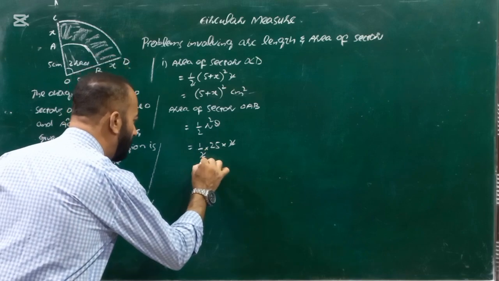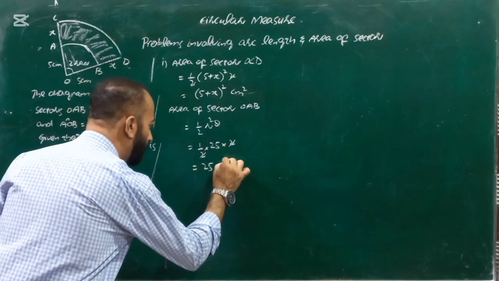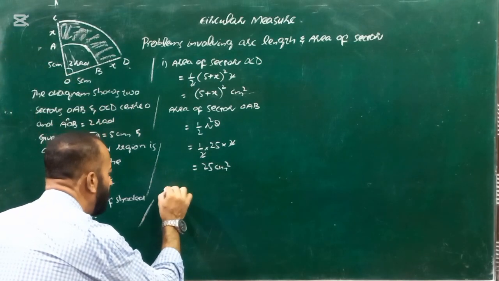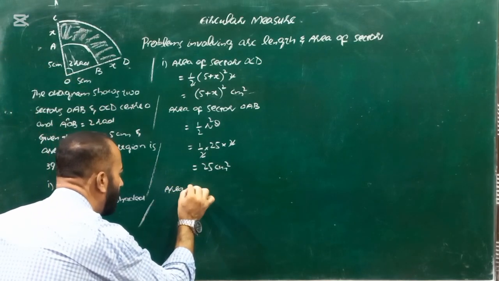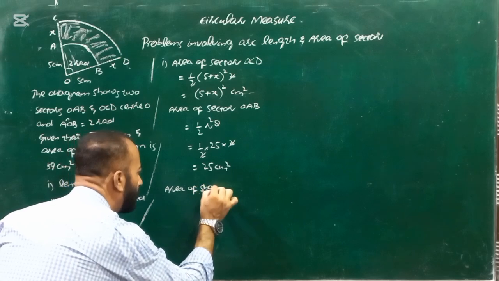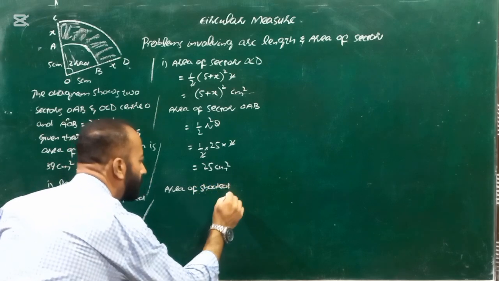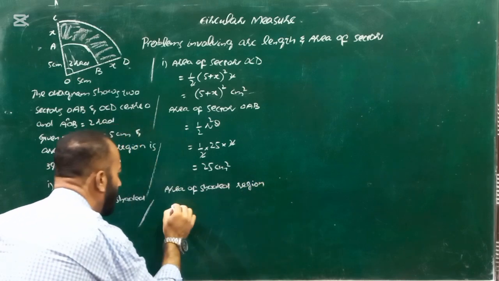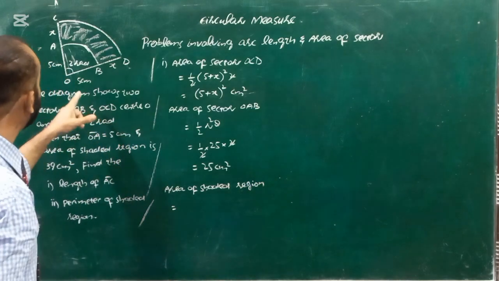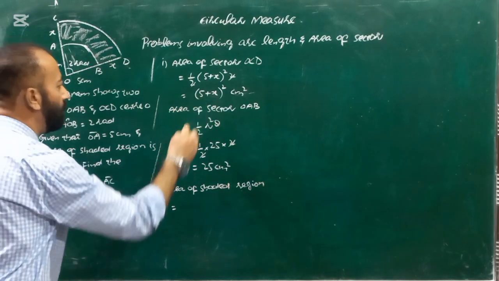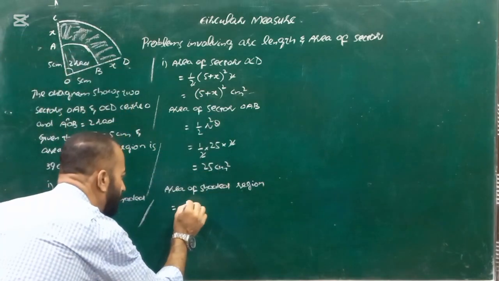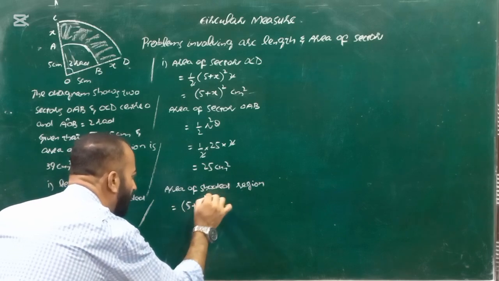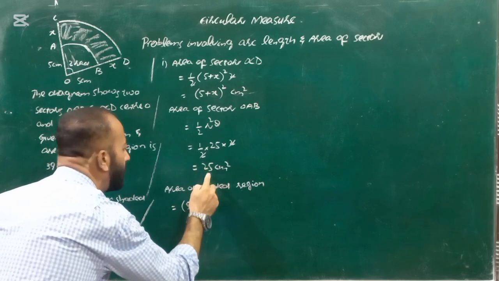So 25 centimeters square. Okay, now the area of the shaded region can be found out. So area of shaded region will be equal to area of bigger sector minus area of smaller sector. So here is the area of bigger sector, that is 5 plus x whole square, minus area of smaller sector, that is 25.